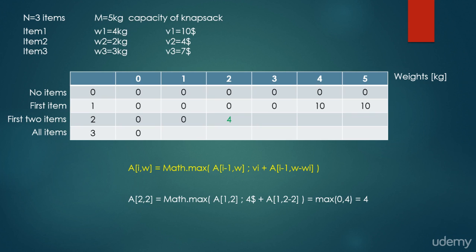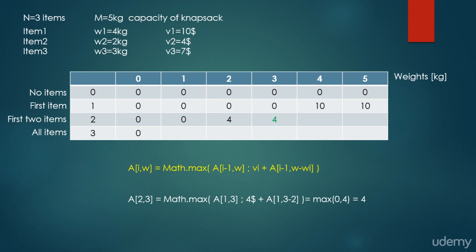We can look it up in the table. The row index 1 and the column index 0, there's a 0, so $4 plus 0 is equal to 4. We have to decide between 0 and 4, so it is 4 because 4 is greater than 0, so we put a 4 there.